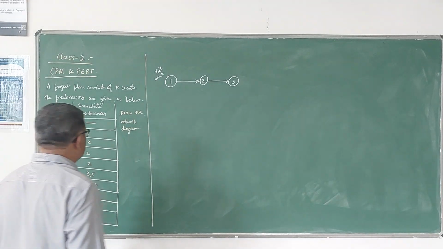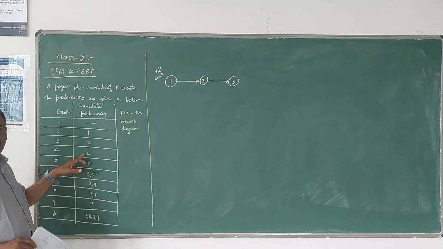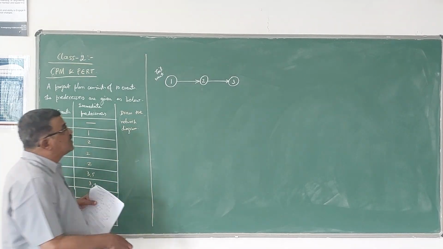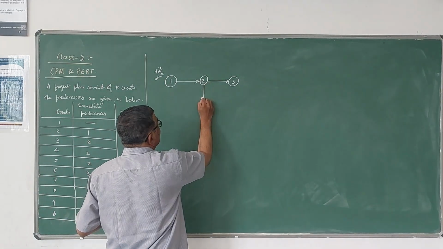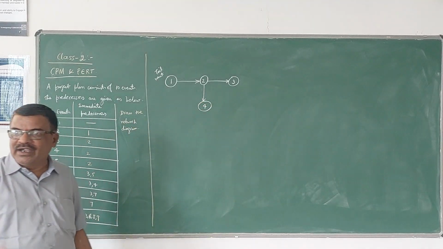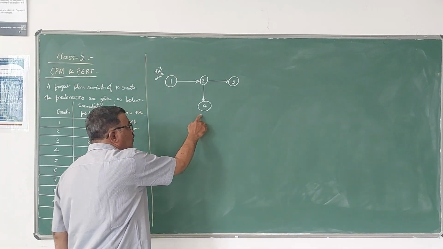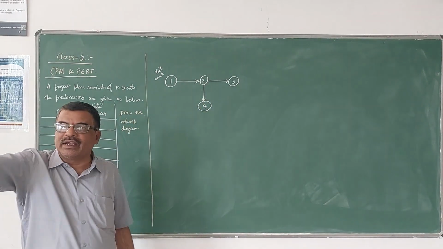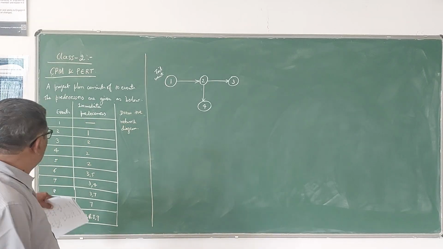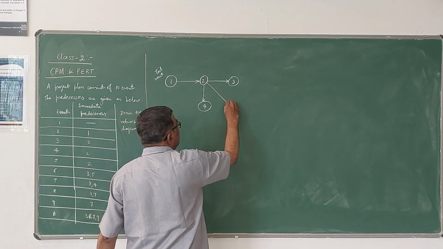Next for 4, predecessor is 2. That means 4 will be somewhere here. It is connected to 2 only. So before starting 4, 2 should be completed. Next, for 5 also it is 2.